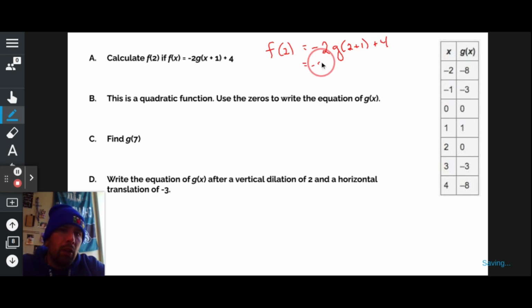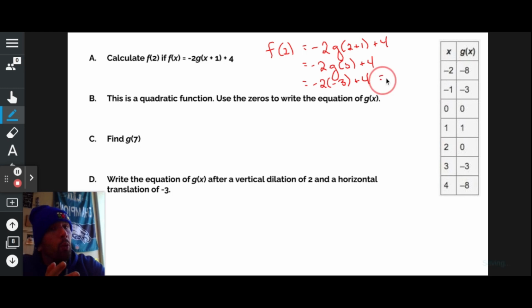Okay, so negative 2 times g of 3 plus 4. g of 3 is negative 3, so negative 2 times negative 3 plus 4. Negative 2 times negative 3 is 6. 6 plus 4 is 10.